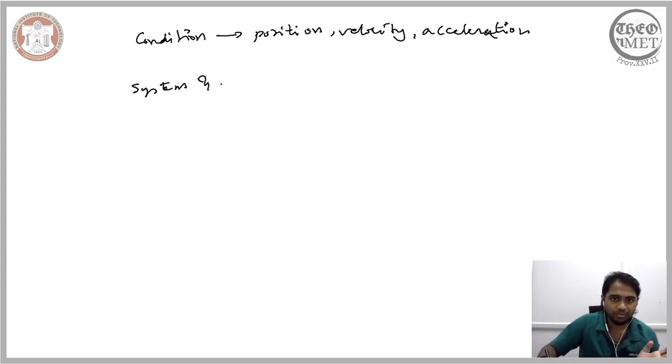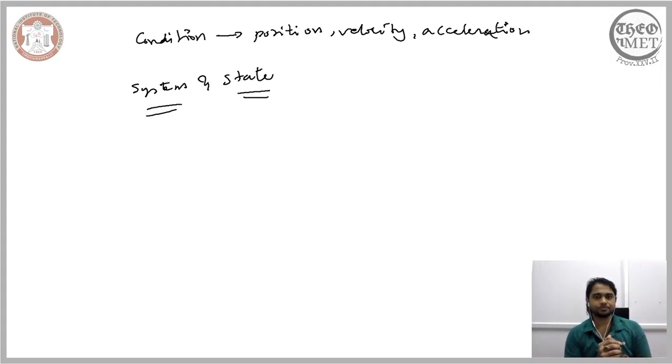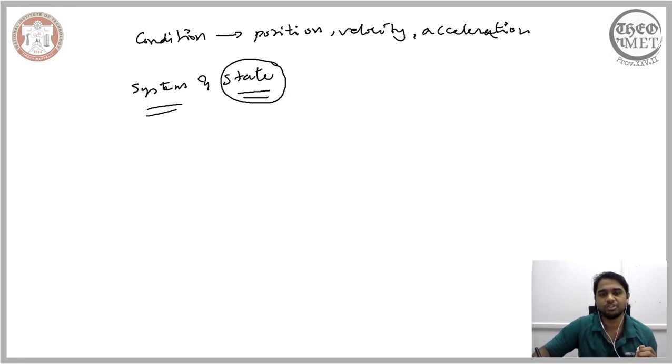basically what we have done is we have defined our system and state based on the rather straightforward starting point of Newton's law, the straightforward starting point of an object under its condition. So since this condition requires certain variables to describe it, we also need certain variables to describe the state of the system in the thermodynamic framework.